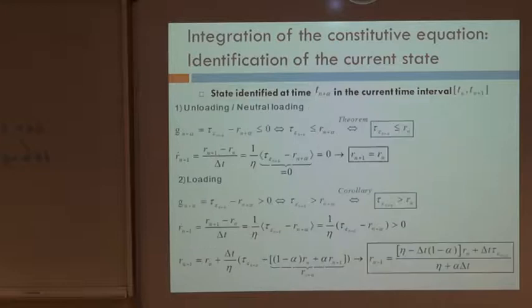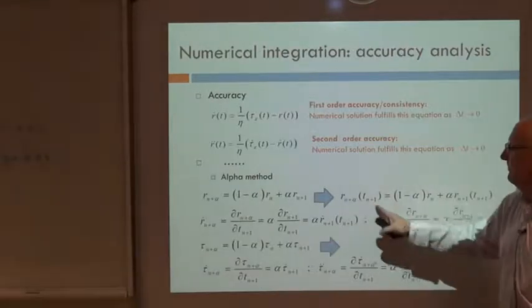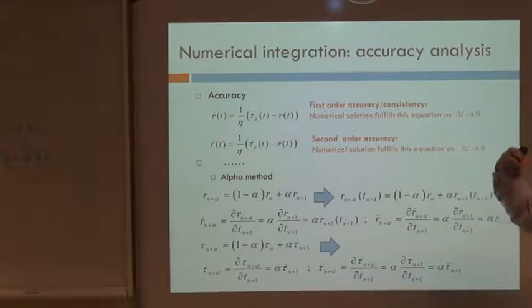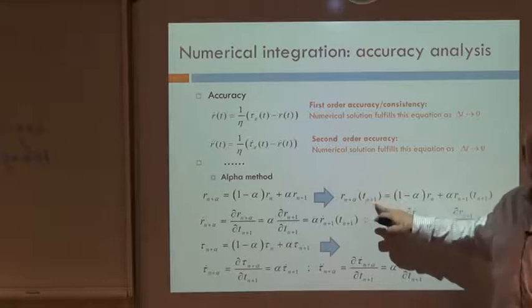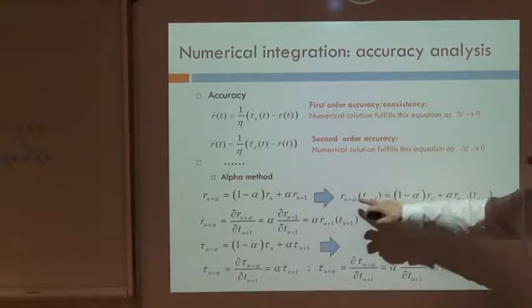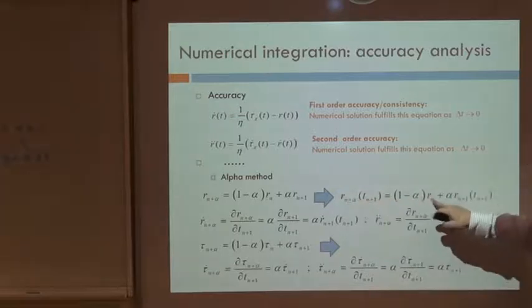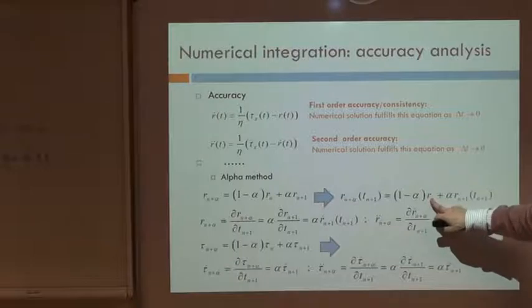So what I want to specify is that in this scheme, the role of time is played by T n plus 1. According to that, R n plus alpha doesn't depend on this term here, R n, because R n is given.